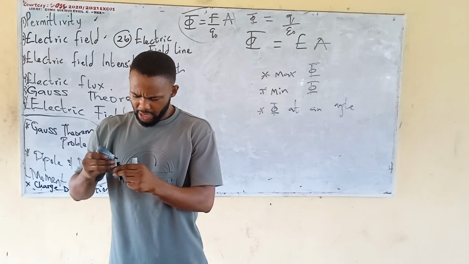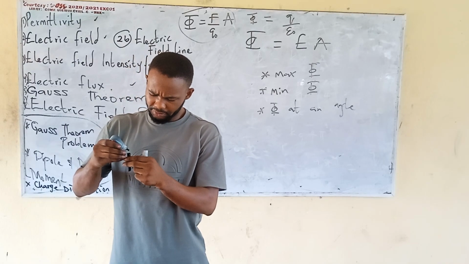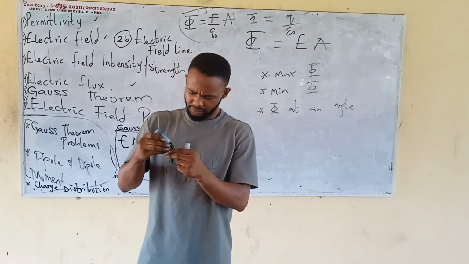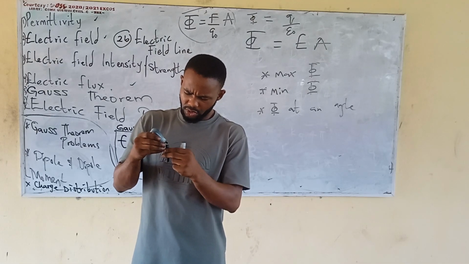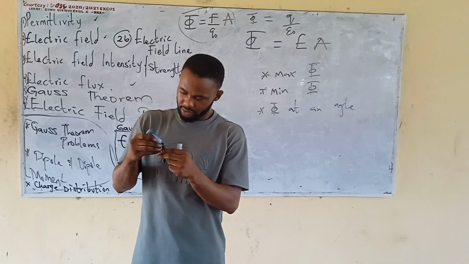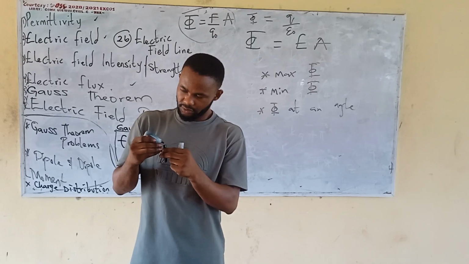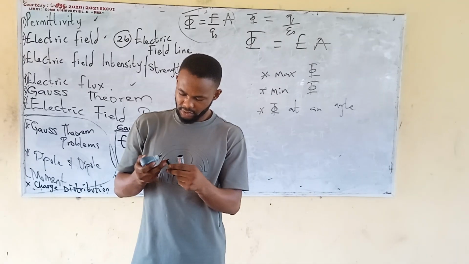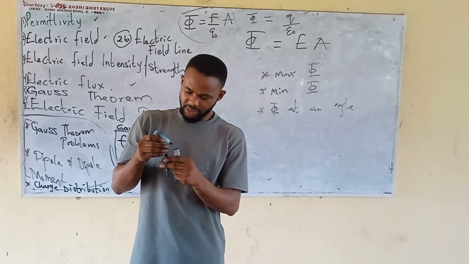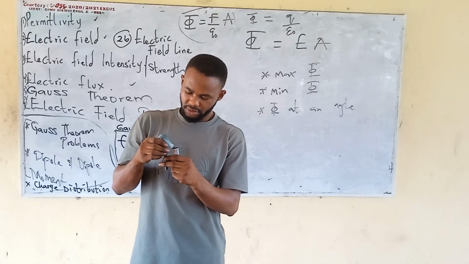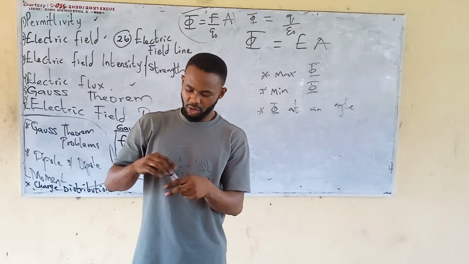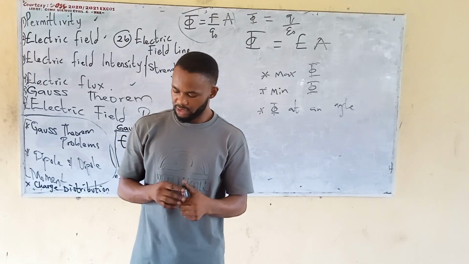We say that electric flux is maximum when theta equals 0. Electric flux is minimum when theta equals 90 degrees.